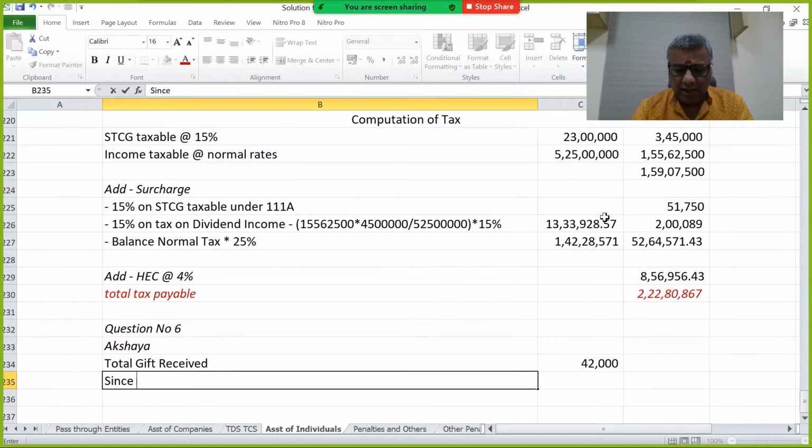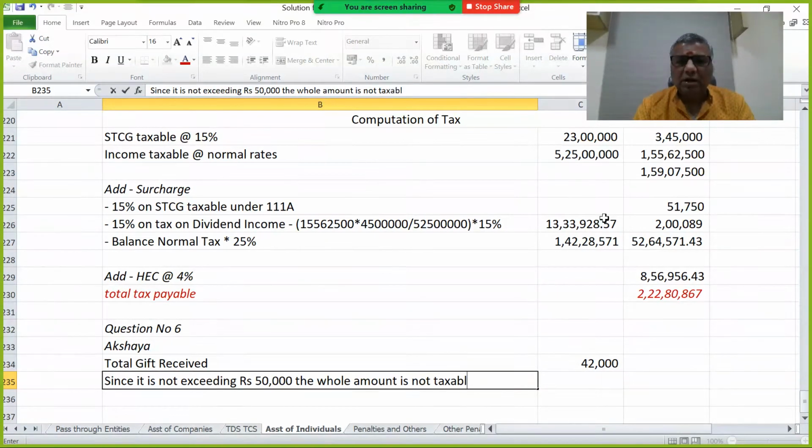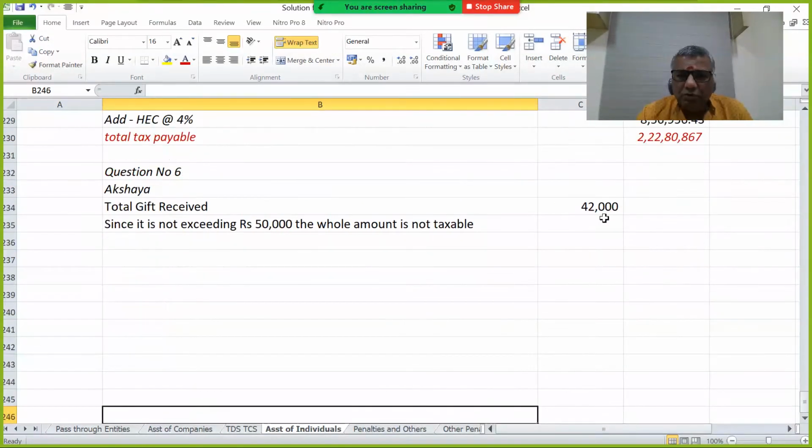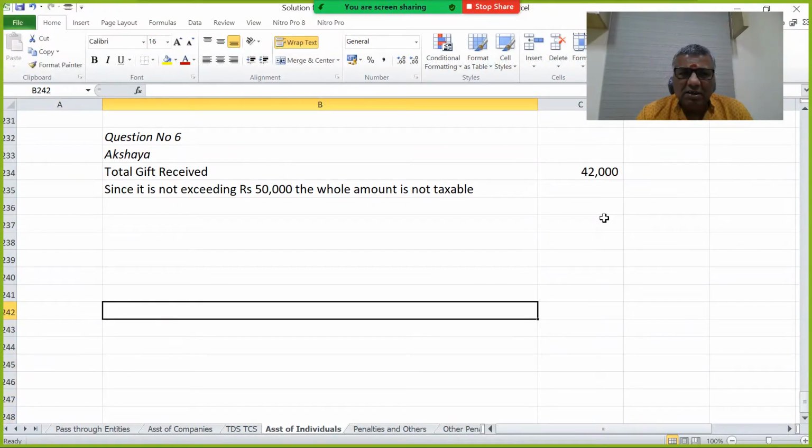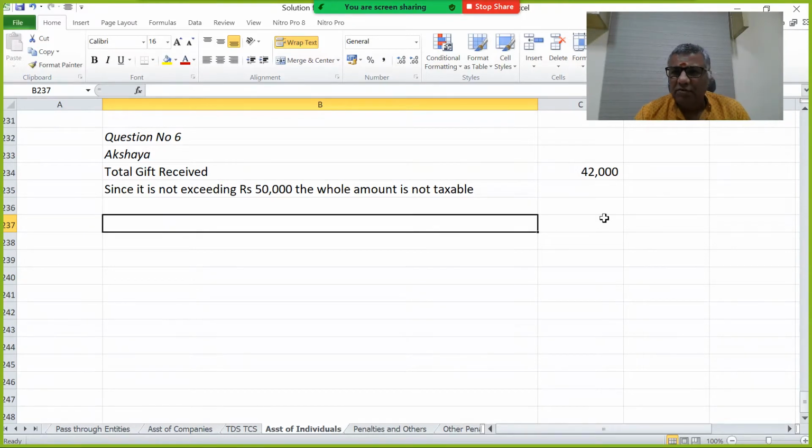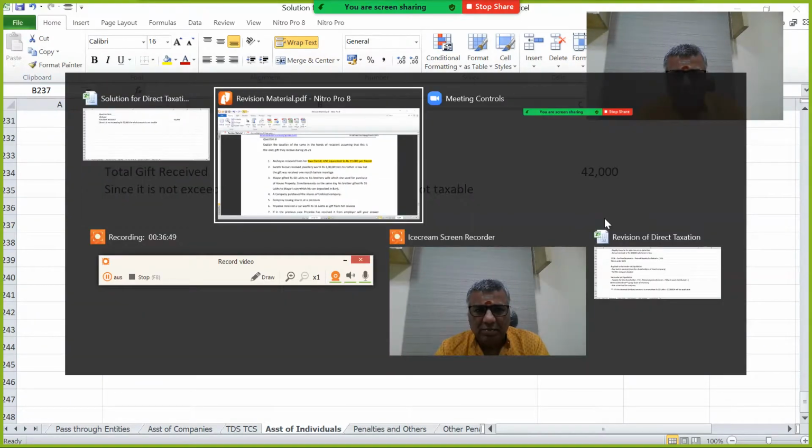Since it is not exceeding rupees 50,000, the whole amount is not taxable. Up to 50,000 you can receive, so this is not taxable.